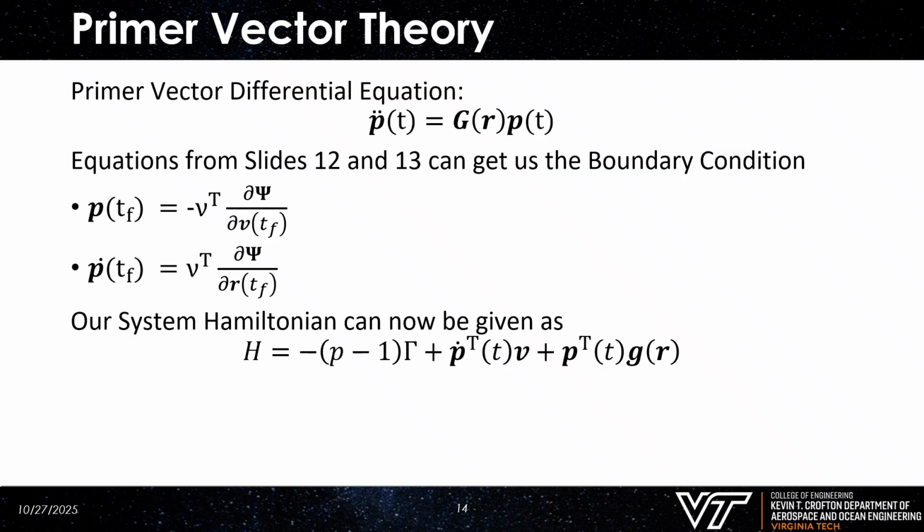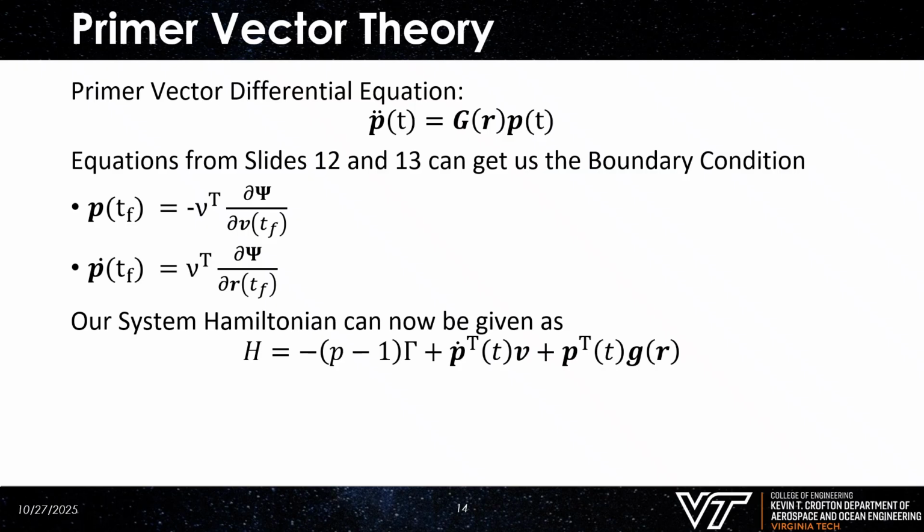The relationships in slide 11 that relate our adjoint vector to our terminal boundary conditions, as well as the relationships in slide 12 that define our primer vector with respect to the adjoint vectors, can give us new boundary conditions for our primer vector and its time derivative.